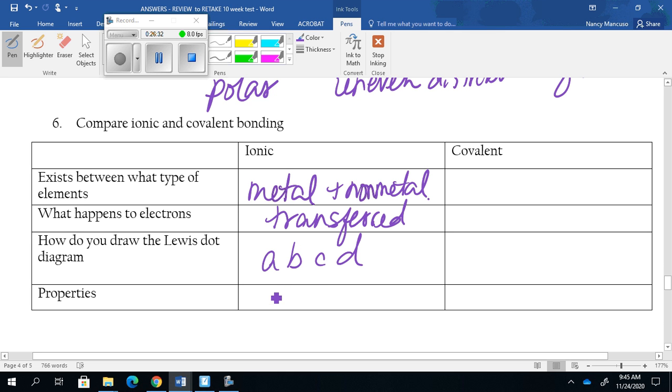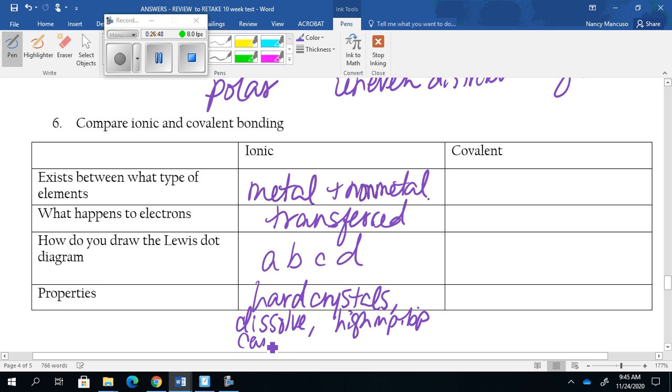And the properties of an ionic compound is that they are usually hard crystals. They dissolve in water. They have high melting points and boiling points. And they can conduct electricity as a liquid or an aqueous solution.